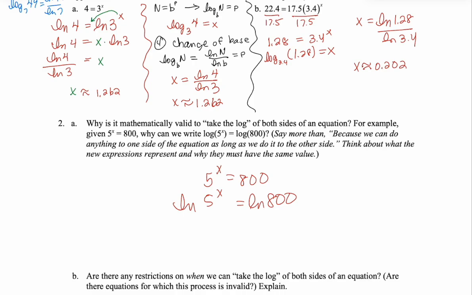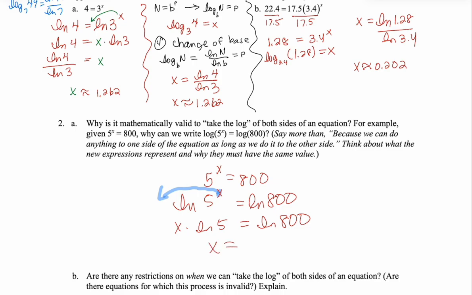You can just throw a log on both sides. I'm going to use natural log. I don't know why. I just have always done it like that. Now, we do that so we can take this power and we can drop it down in front based upon our power rules we learned about logarithms. So this would be x times the natural log of 5 equals the natural log of 800.